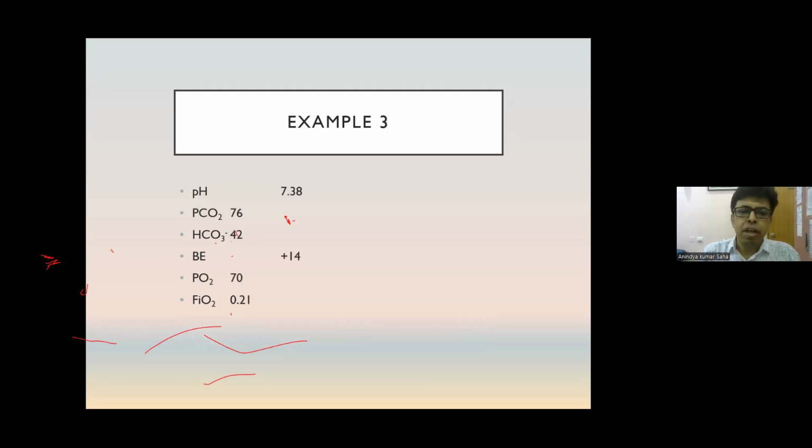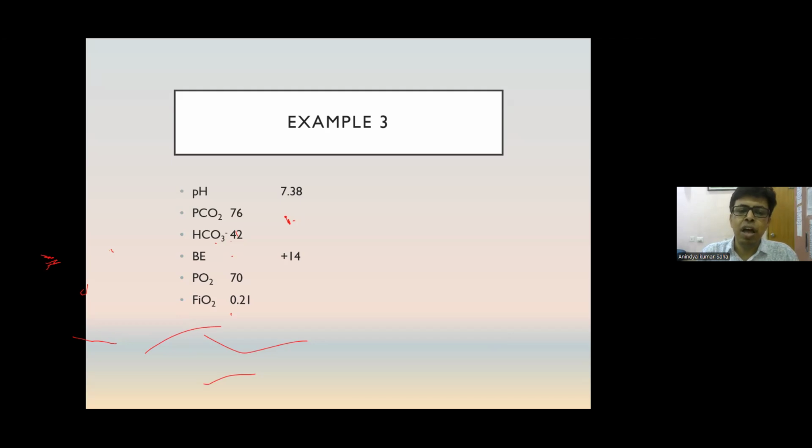Example 3, here pH is 7.38, PCO2 is 76, bicarbonate is 42. Here PCO2 is higher, but pH is within the normal range, 7.35 to 7.45. But since PCO2 is higher, it is primarily respiratory acidosis. But what is happening to the bicarbonate?